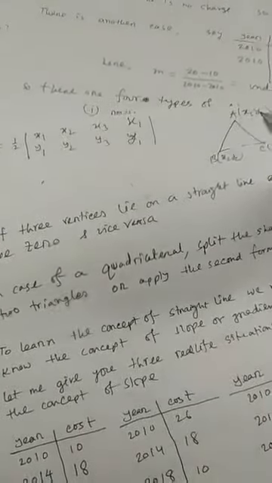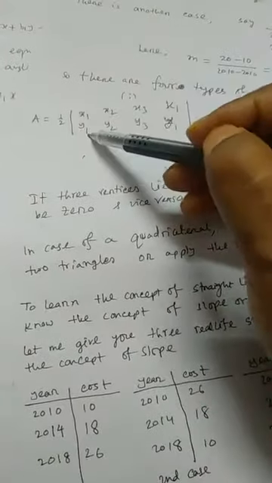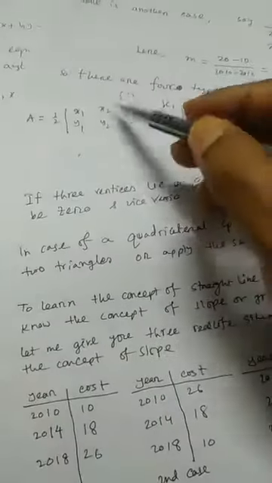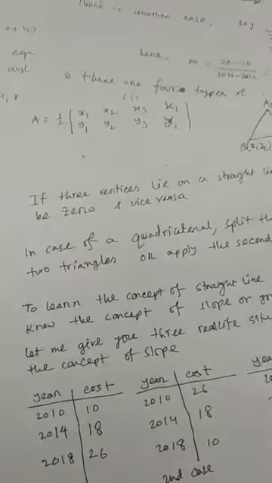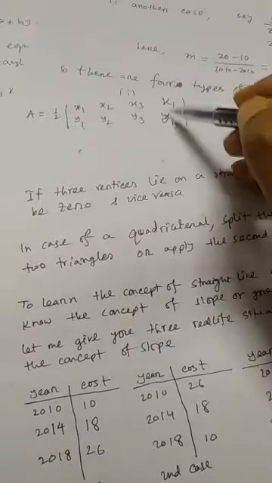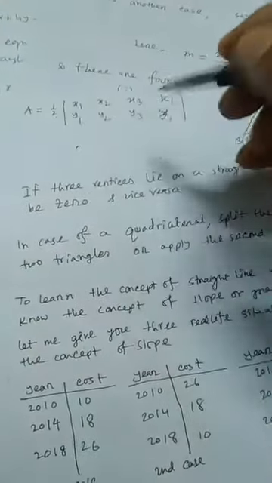So this is x1, y1. Write x1, y1 here, then write x2, y2 vertically, then x3, y3, and then the starting point. You have to write x1, y1 again, and there is a half here. Don't forget this.